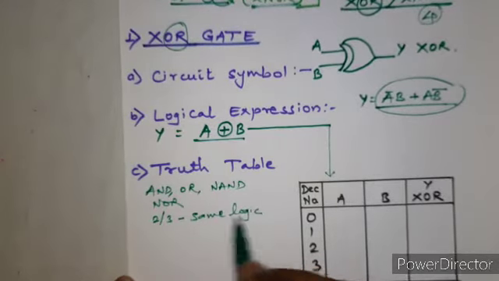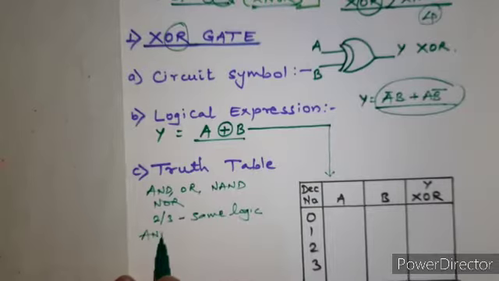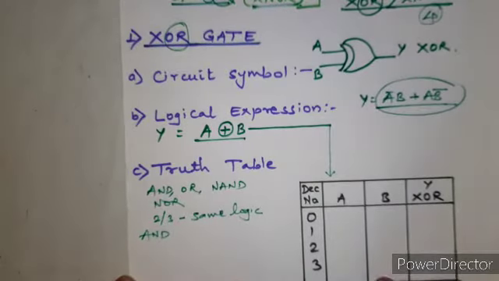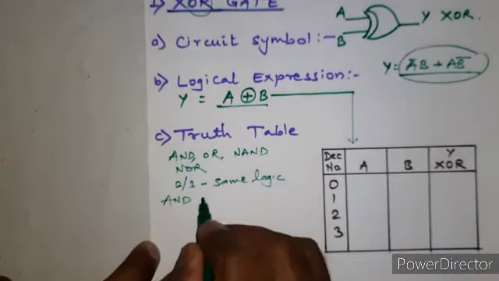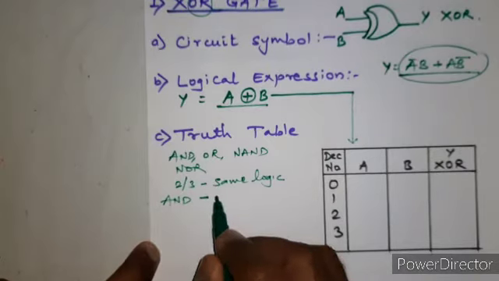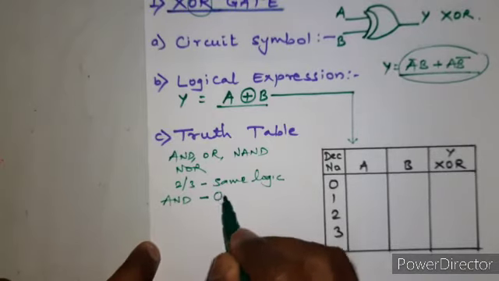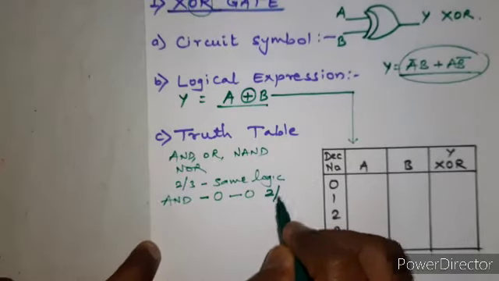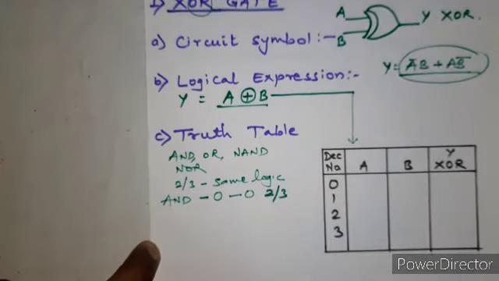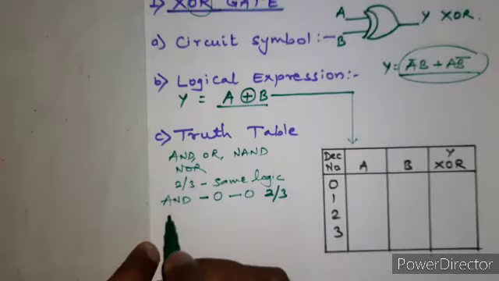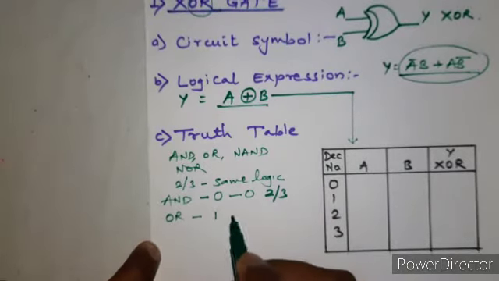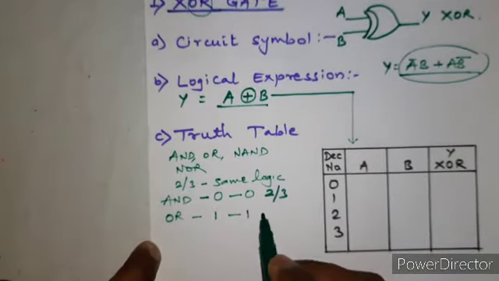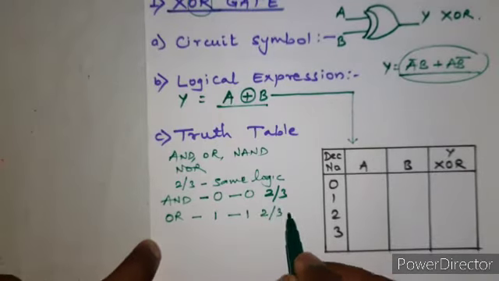For the AND gate, if any input is 0, the output is 0, for both 2 input and 3 input. For the OR gate, if any input is 1, the output is 1.